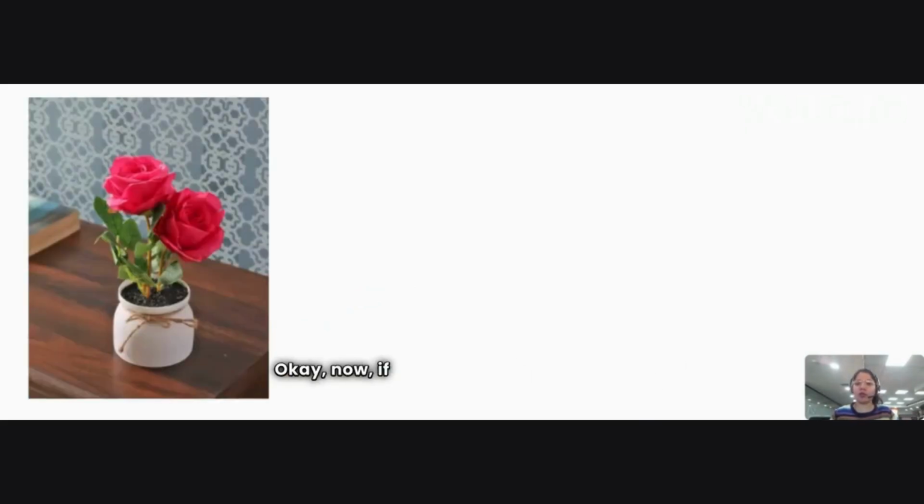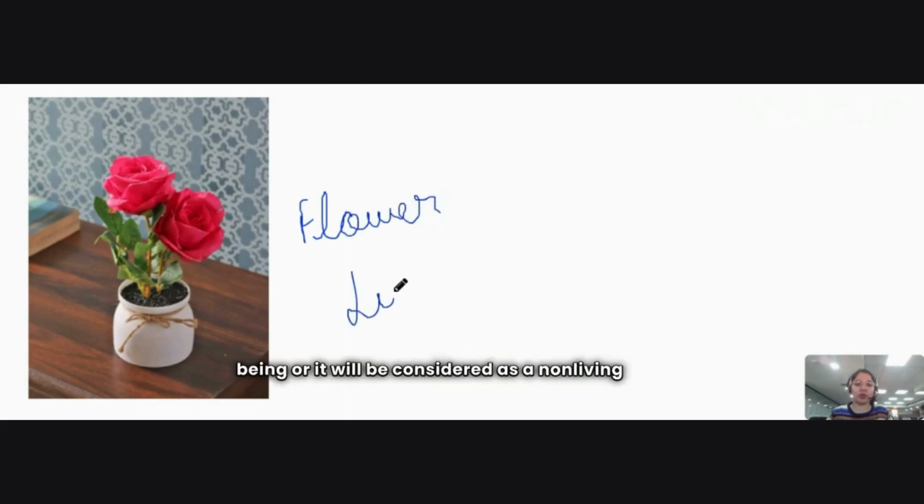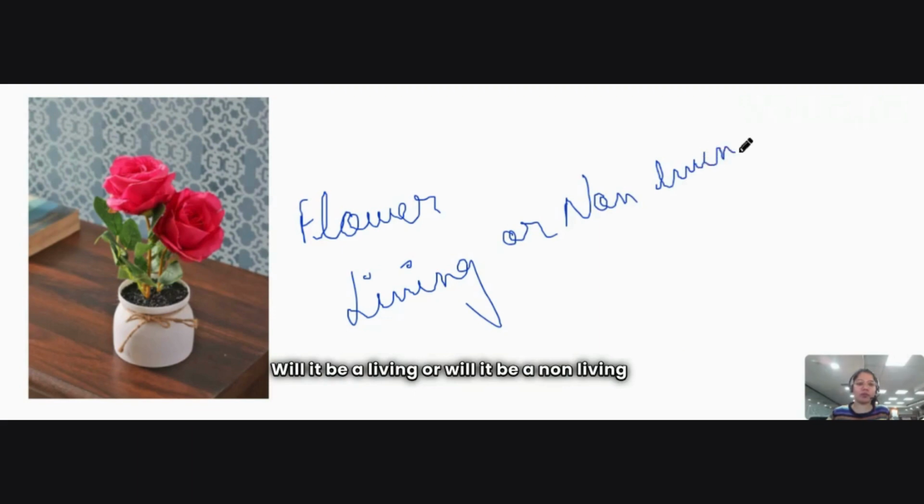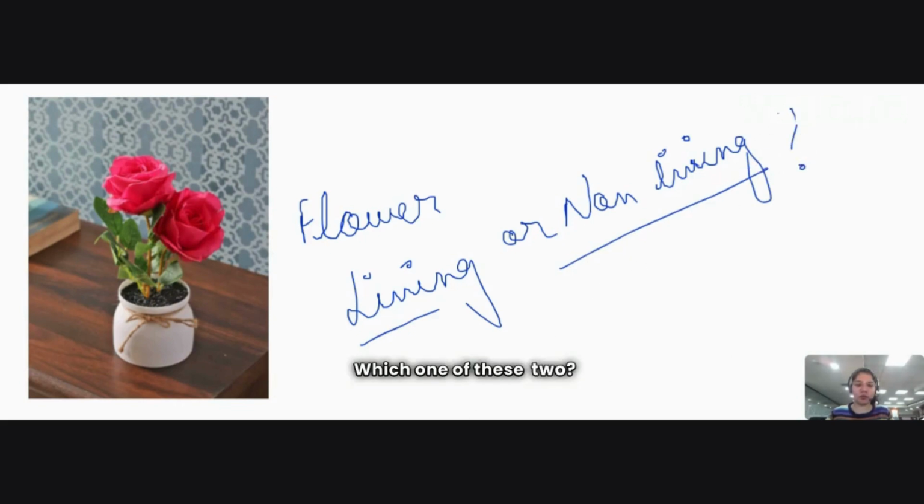If I show you the picture of this flower, will it be considered a living being or a non-living being? What do you guys suggest? Think. Which one of these two?